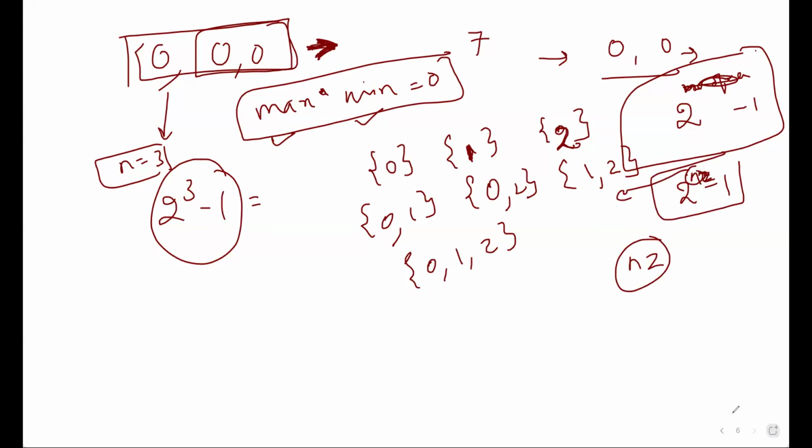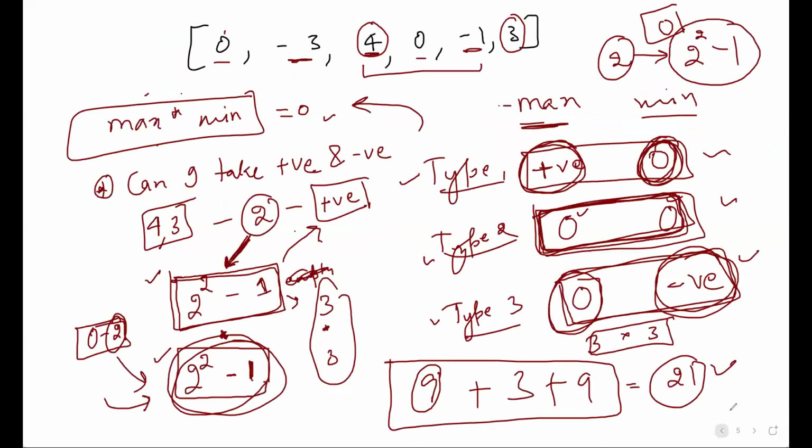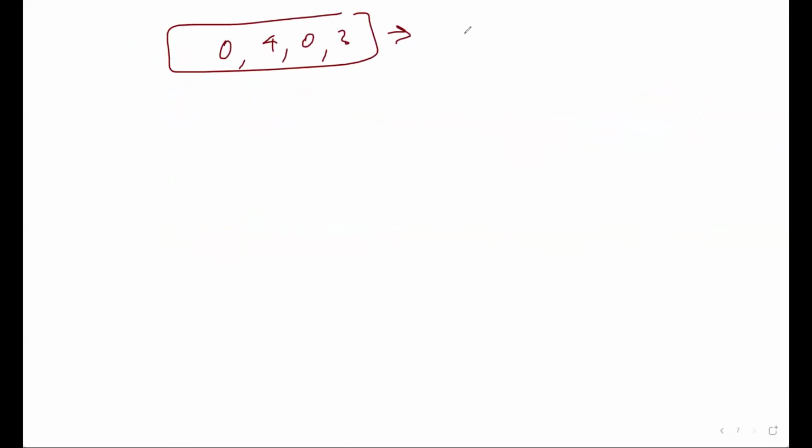Now coming to part 1, or type 1. I'll take this array only: 0, 4, 0, 3. For this, tell me how many subsequences contain a positive value as the maximum and 0 as the minimum.